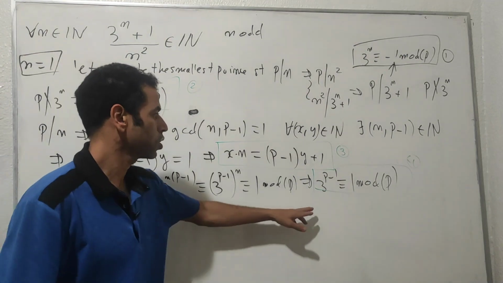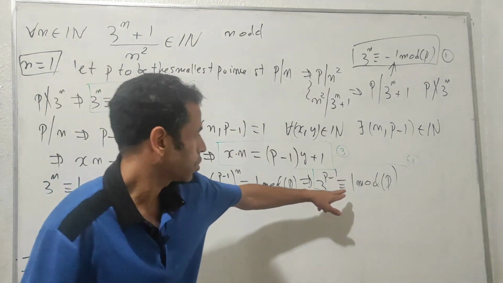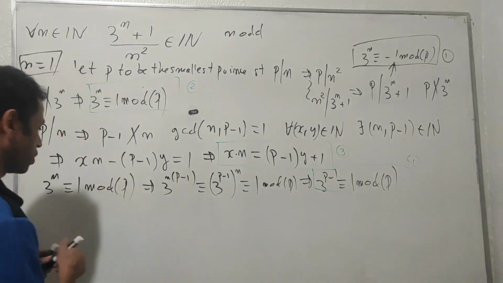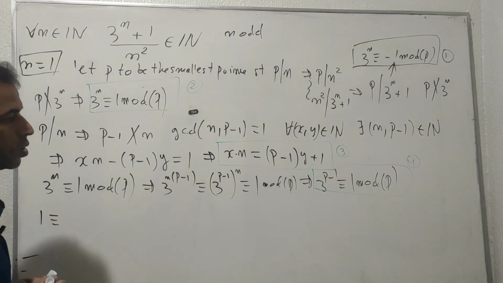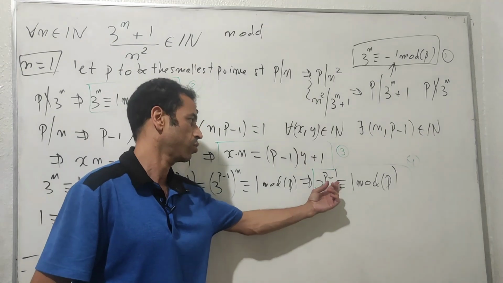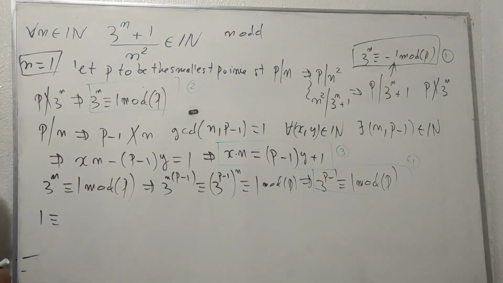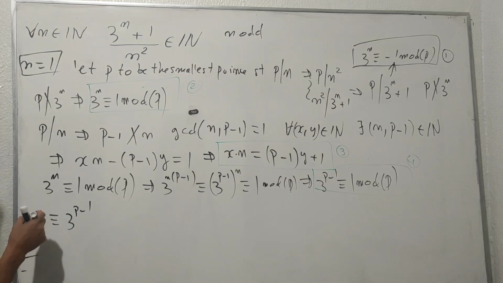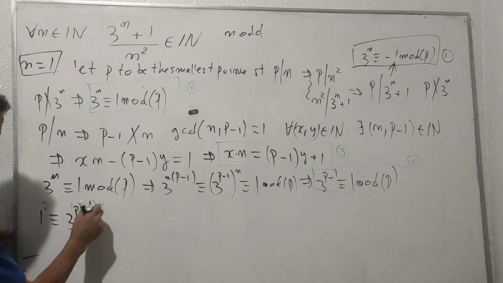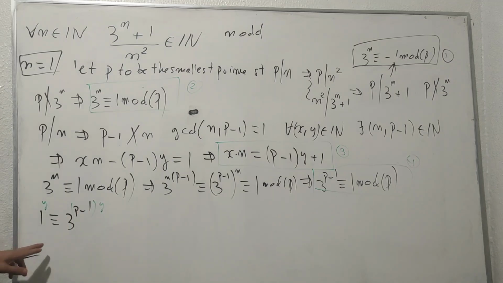I'm going to work on this equation. Okay, let's take this statement here. So I get 1, because if you switch the remainders, it will be the same thing. Okay, so I get 1 is congruent to 3 to the p minus 1. So I'm going to raise y as an exponent on both sides, then multiply both sides by 3. Why am I going to do that?